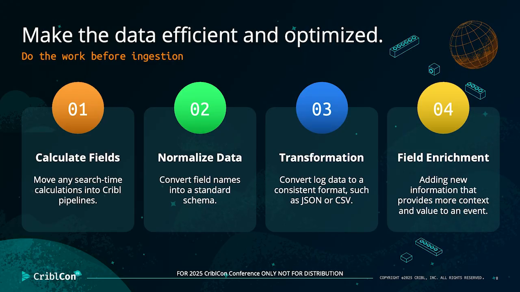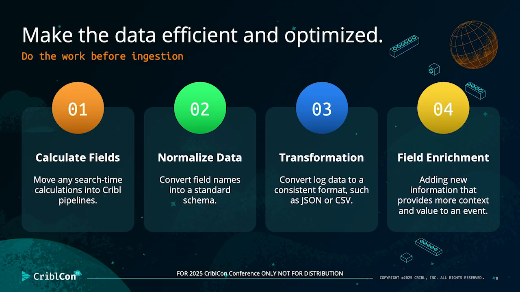As you're bringing this data in, there's some stuff you can do as you're ingesting it to get the data ready. One, instead of doing that stuff in your SIEM, whether it's the evals, the lookups, the normalization, all that kind of fun stuff, let's do this inside Stream. It's going to save you compute resources on your SIEM environment.